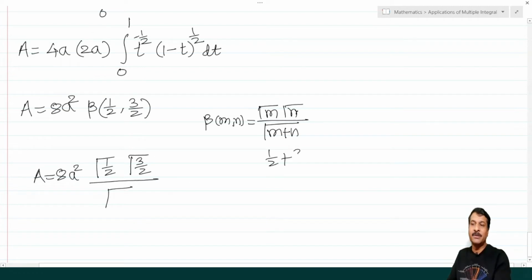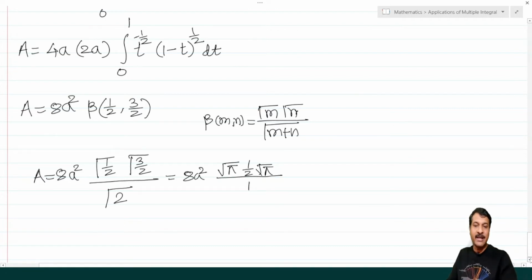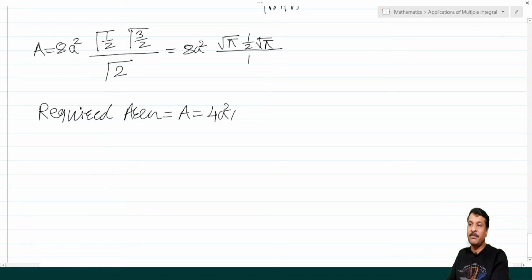So half plus 3 by 2 is 2, so I am getting gamma 2. And by standard values, gamma half is root pi, gamma 3 by 2 is 1 by 2 root pi, and gamma 2 is 1 factorial, means 1. So finally I am getting required area equal to 4a square pi, which is your required answer.